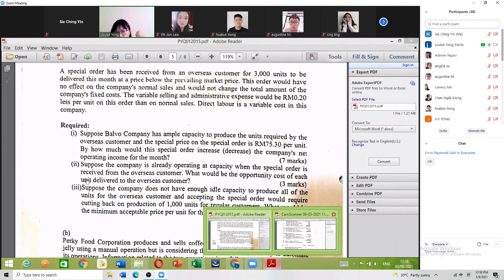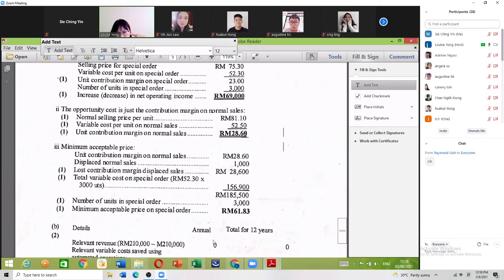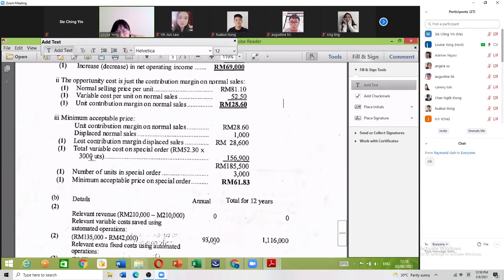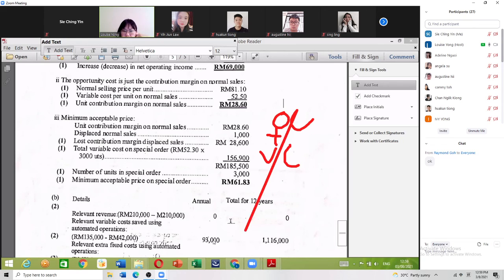The answer from part 2 is already given, so you can use it to continue question 3. Each unit could have earned $28.60, but you lose 1,000 units, so the loss is $28,600. From part 1, the cost per unit for the special order is $52.30, and for 3,000 units the total variable cost is $156,900.